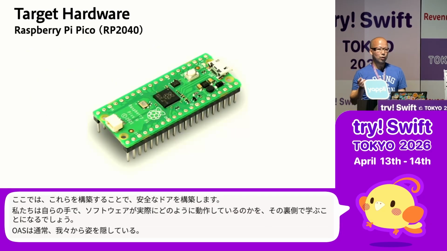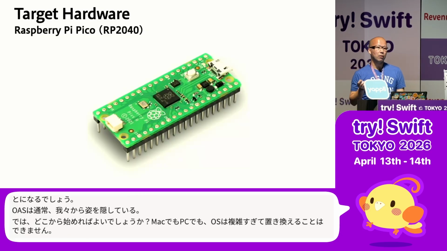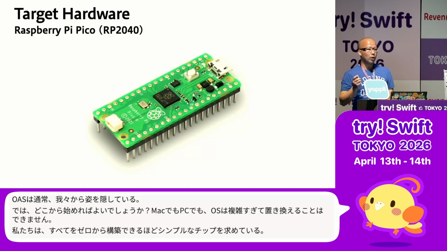So where do we start? On a Mac or PC, the OS is too complex to replace. We want a chip simple enough to build everything from scratch. The hardware we are using today is the Raspberry Pi Pico.